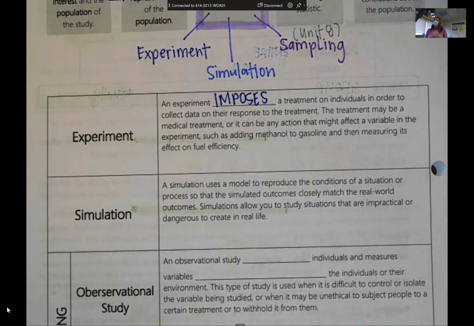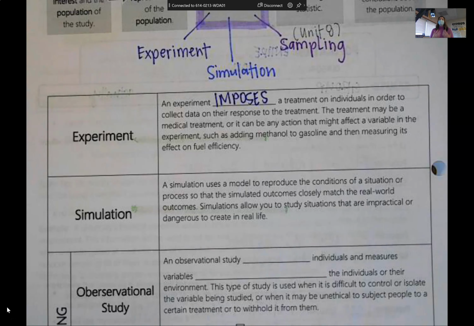The treatment may be a medical treatment, or it can be any action that might affect a variable in the experiment. And then they give an example of such as adding methanol to gasoline and then measuring if it has an effect on fuel efficiency.